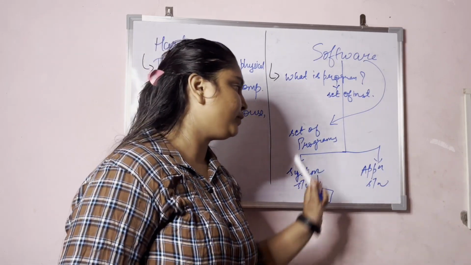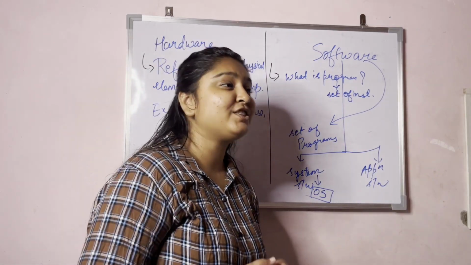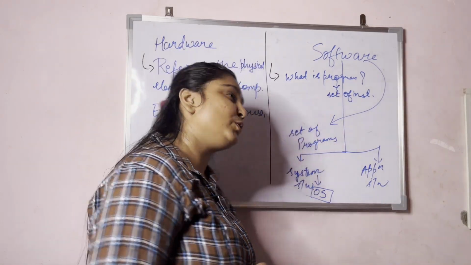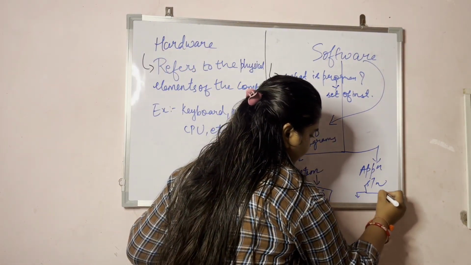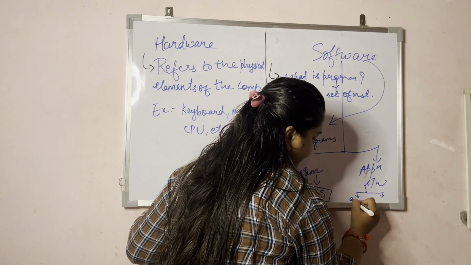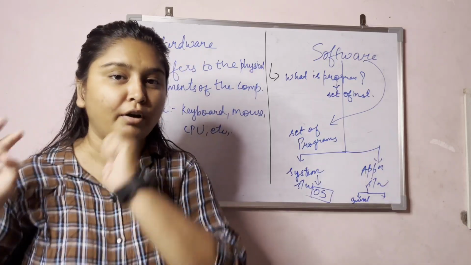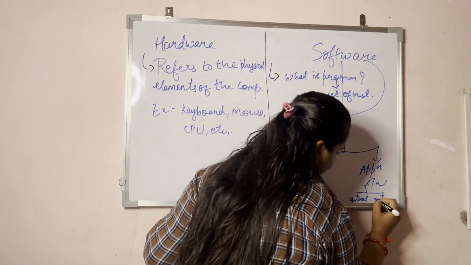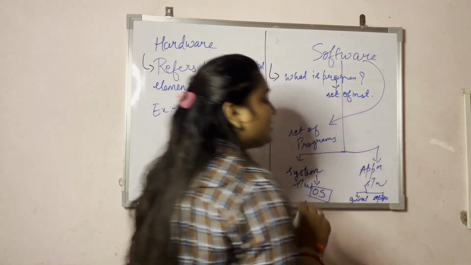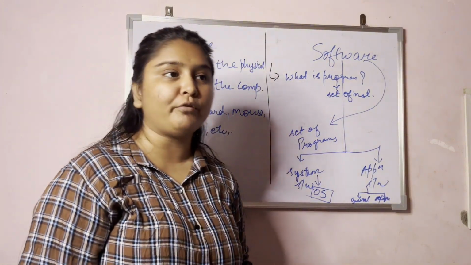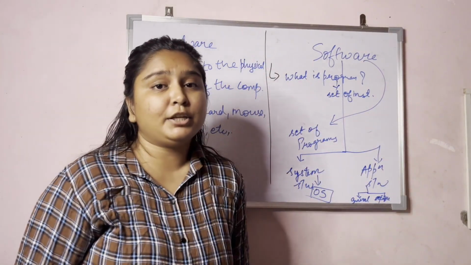Now going forward to the second part, that is application software. Application software is further divided into two. Number one is general application software, and another is specific application software. Why is application software further divided into two?